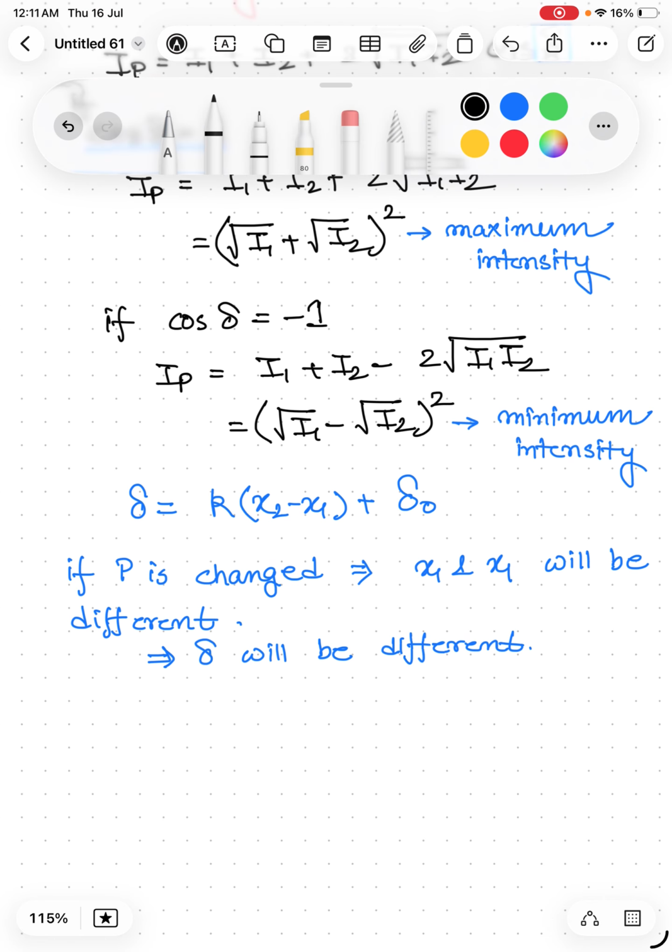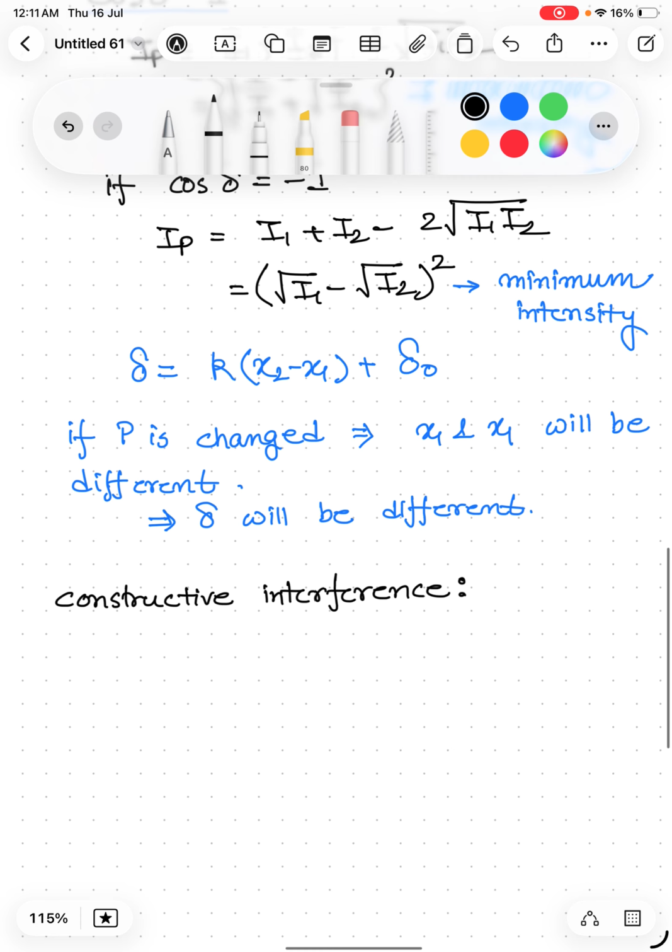So for constructive interference, we get cos delta equals plus 1, and the resultant Ip will be root over I1 plus root over I2 whole square.